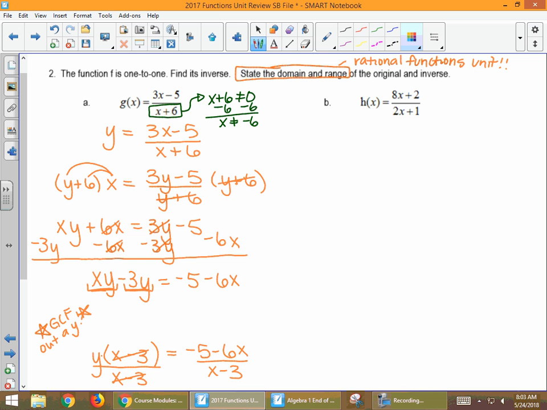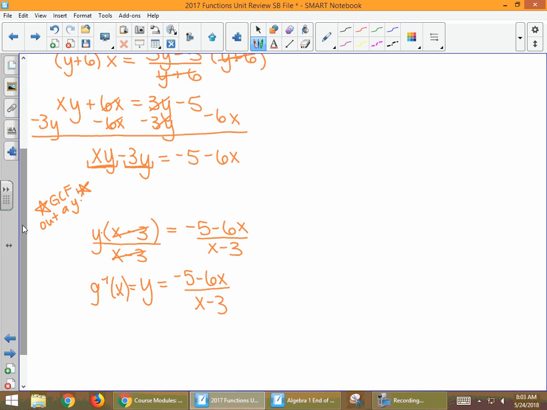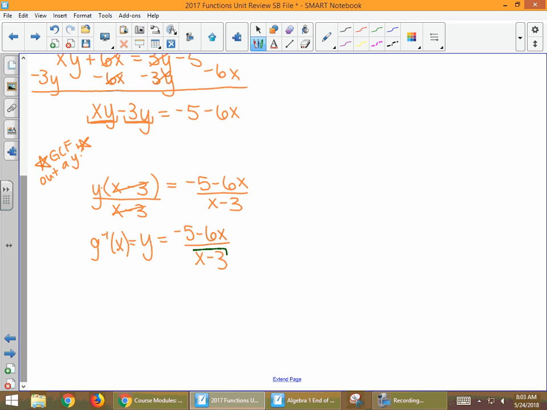Our domain for g of x would be all reals except for x cannot equal negative 6. For our inverse, x cannot equal 3.